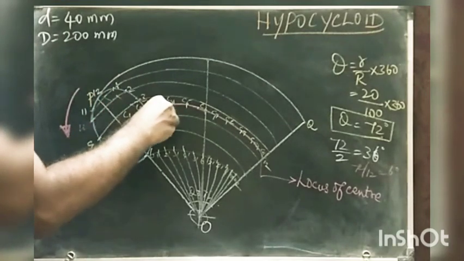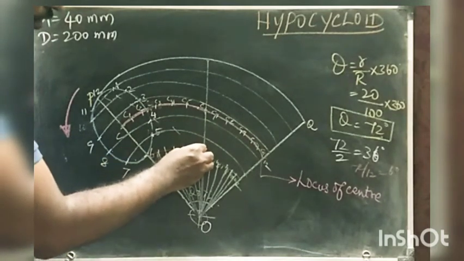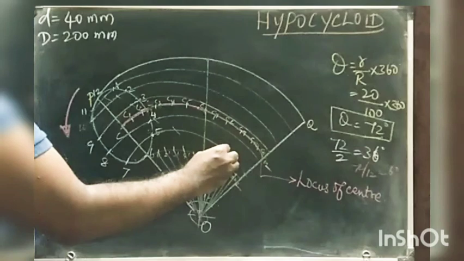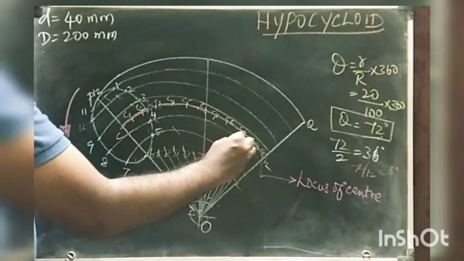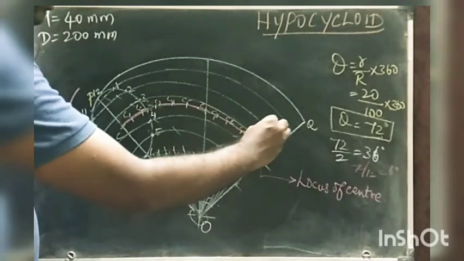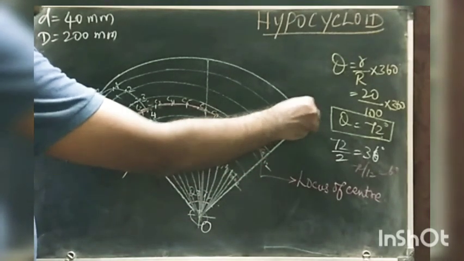Okay, C3, and C4, and you will get C5, and C6 definitely you will get it here. Okay, and C7 you will get it somewhere here, C8, C9, C10, C11 and C12.